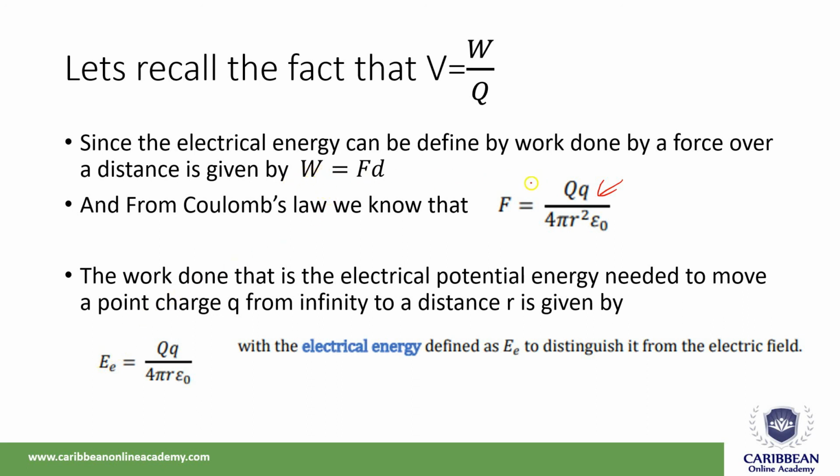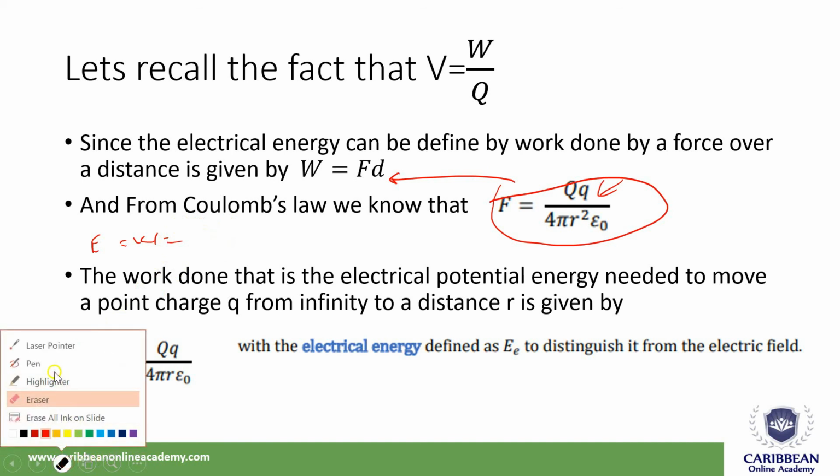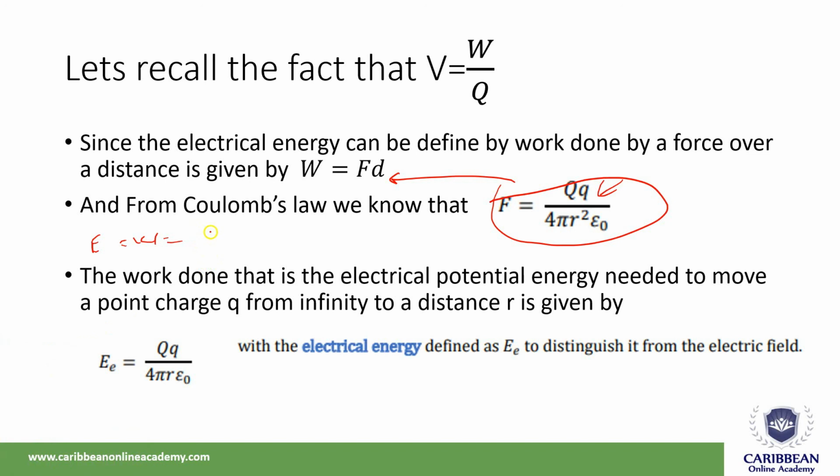If we go ahead and substitute the force into this equation, then E, which is the electrical potential energy, or in other words W, is equal to force times distance, which gives Q times Q divided by 4 pi epsilon naught R squared.